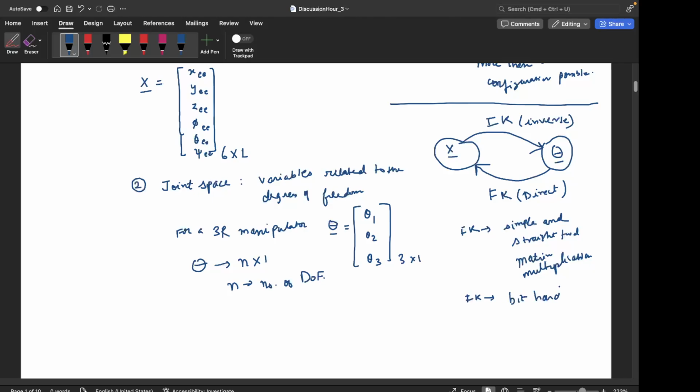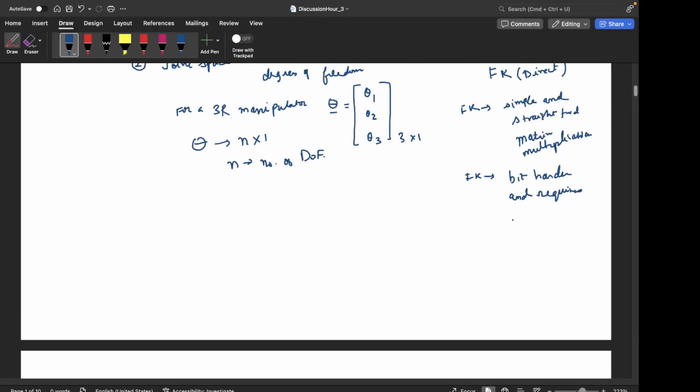A bit harder, and requires finding solutions for multiple transcendental equations.